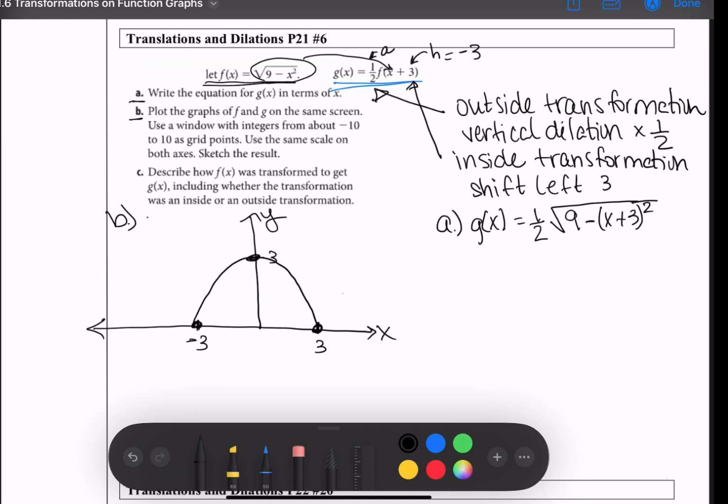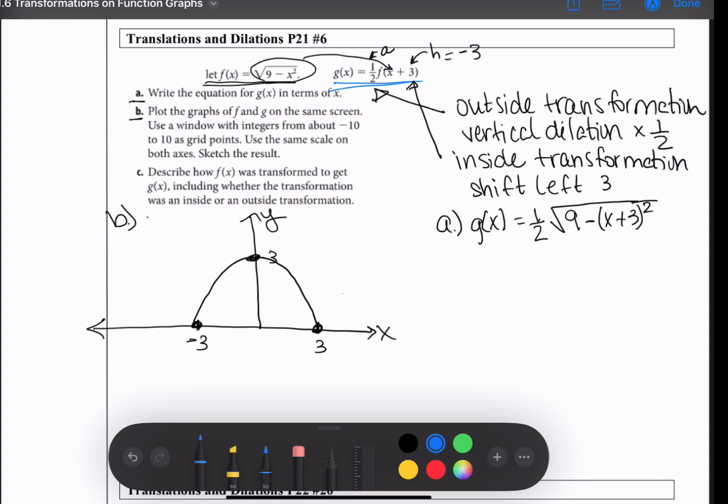All right, now let's talk about g of x. So for any of these 3 points that I already have, I am going to shrink the output by a half. Okay, I'm gonna vertically dilate it by a half. So however tall it is, it's gonna be half as tall. And then I'm also gonna need to shift it left 3 units. So let's take my highest point.